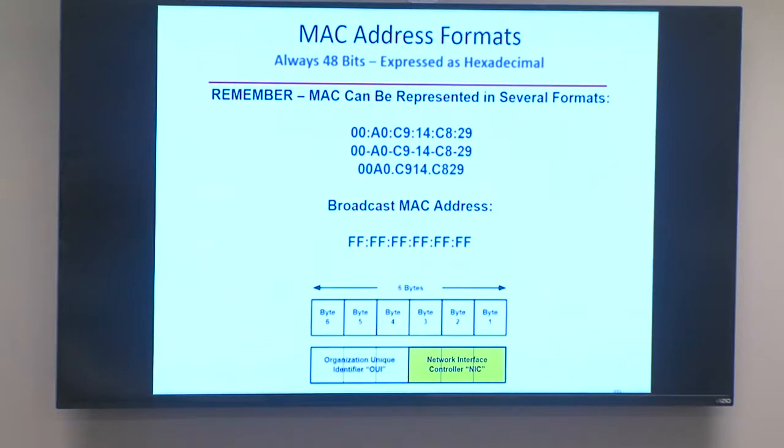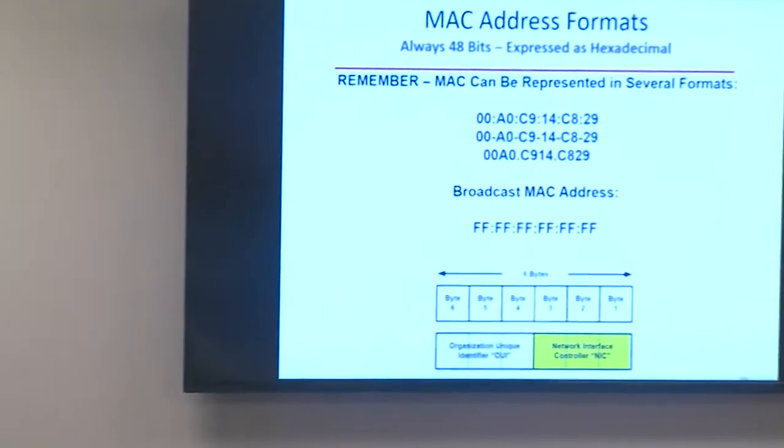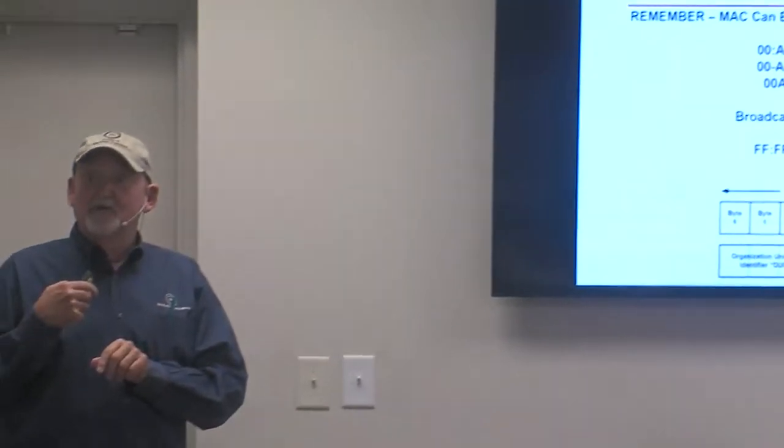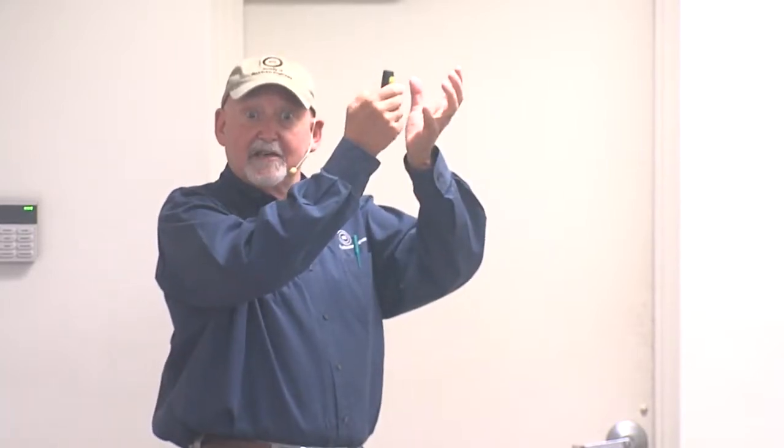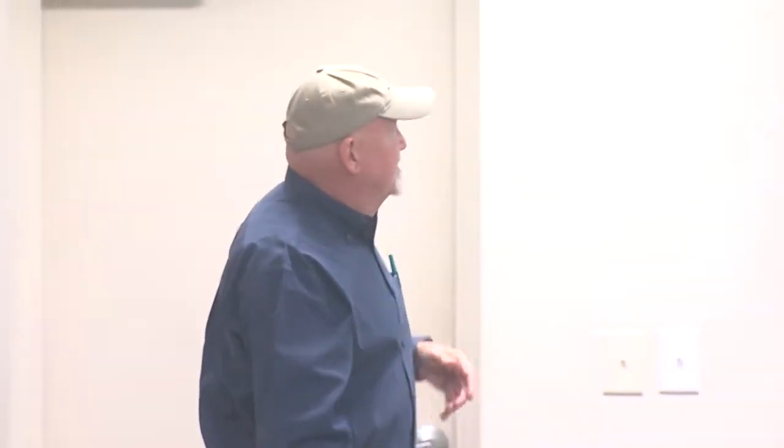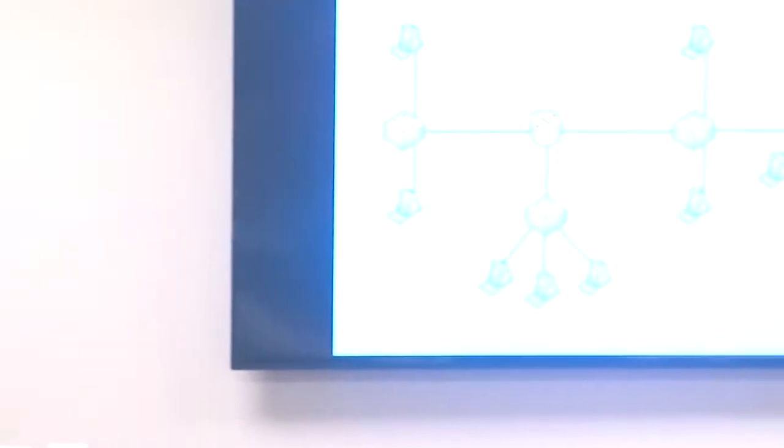It's going to be listening for a destination MAC address that matches its own address, or it listens for the broadcast address. Any other traffic on the network, that adapter is going to ignore. However, if the broadcast address is heard or its address is heard, it's going to then pass that information to the next layer, to layer 3. Again, everything else is ignored.